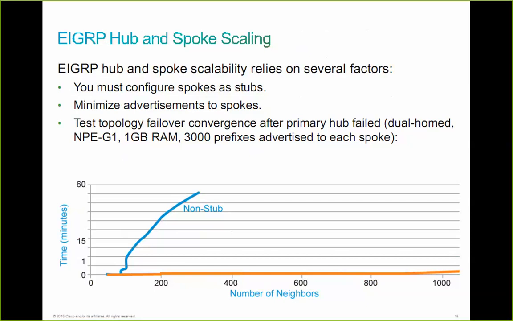EIGRP has an actual theoretical limit to the number of peers that it can have over an interface, and that's 4,000 peers per interface, as long as they are in the same network prefix, right? And we can see that listed here on the slide.